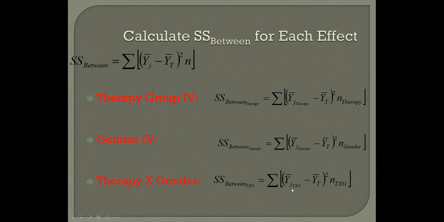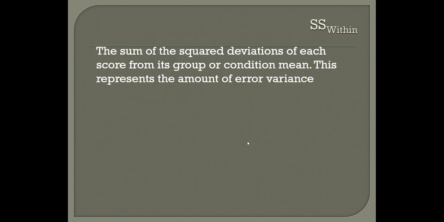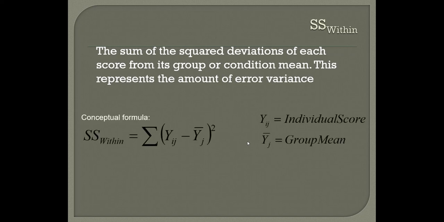Then for the interaction, we took the cell means, subtracted the grand mean separately for each cell, squared the difference, multiplied by the sample size for the cell, and added it up. That gives the proportion of the sum of squares that is attributed to the interaction.